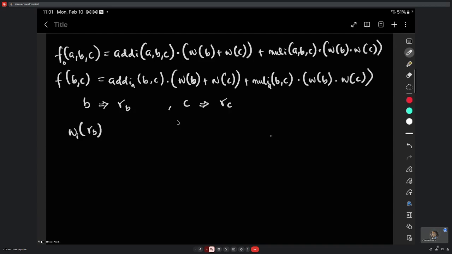Let me just draw the circuit. So we started from the output, and we proved that this output can be gotten from a relationship with the layer that feeds into the output.